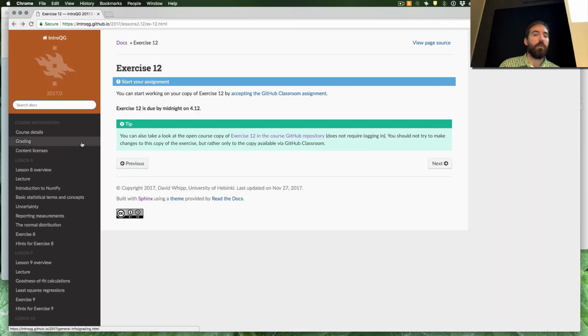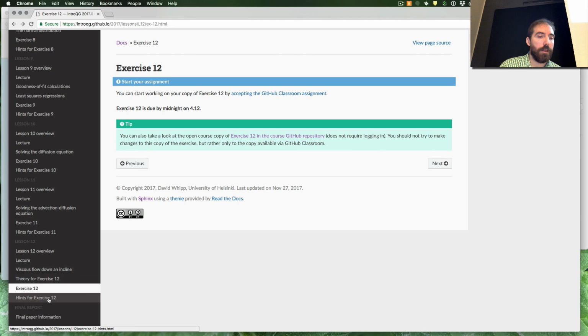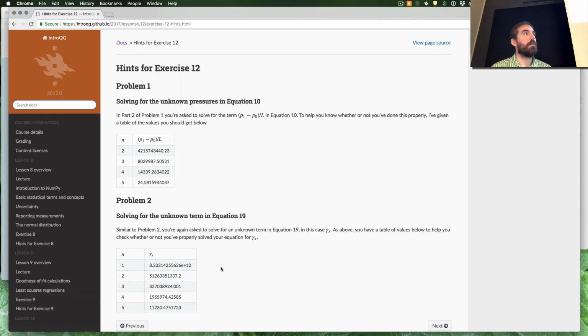I will make note of one thing here, that there are already a couple hints for this exercise that are up. You're going to be asked to calculate these values of, in this case, this P1 minus P0 over L, or in problem 2, this thing called gamma x. These are the values you should get for different values of n.